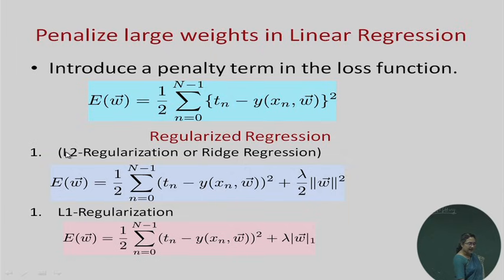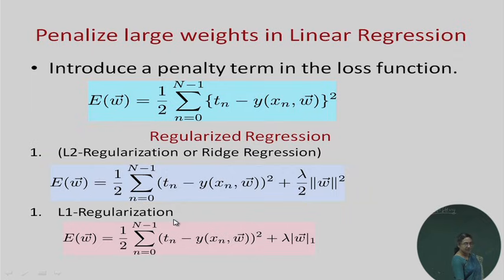There are different types of regularization, L1 regularization, L2 regularization, etc. For linear regression, there are two very popular types of regularization method. L2 regularization or ridge regression adds a term lambda by 2 w square, where w square is the L2 norm of the coefficients.